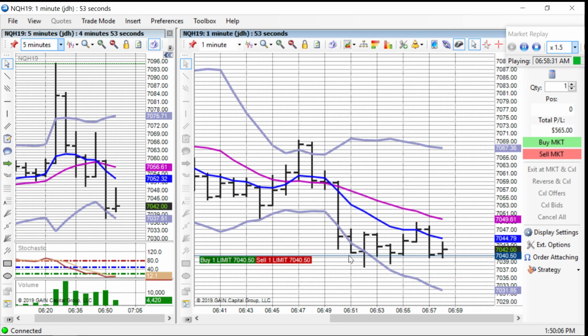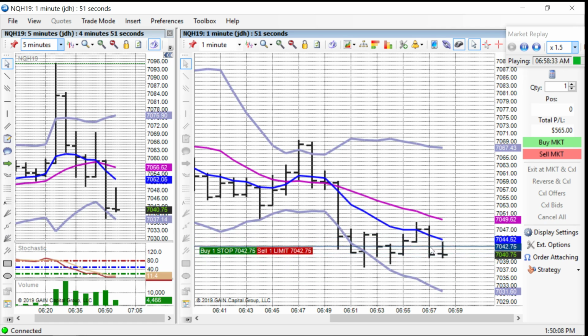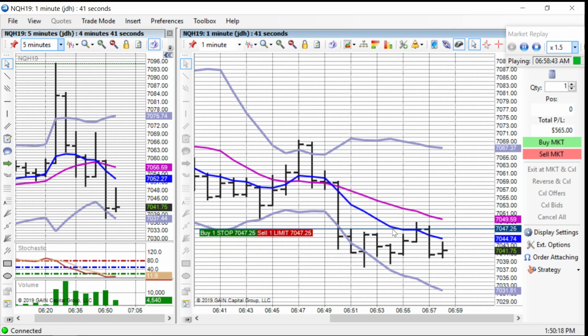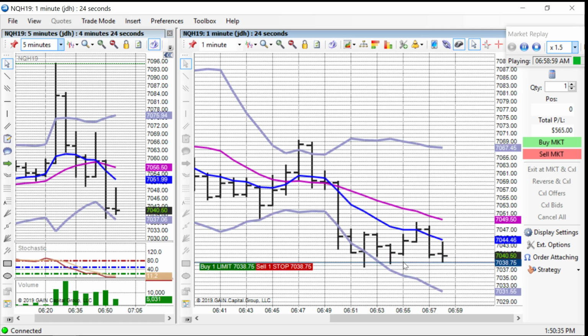You can call this a ledge, you can call it a congestion area. And usually the breakouts of these are going to be fairly good trades. So you could look at it as a hook trade, but you can also look at it as breakout trading, and just keep that in mind as a combination of features you're looking for.